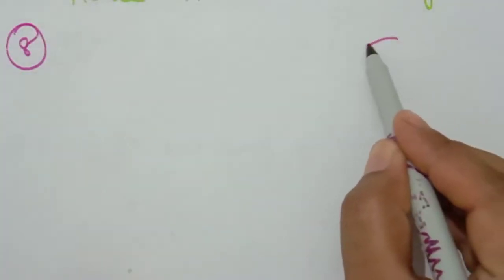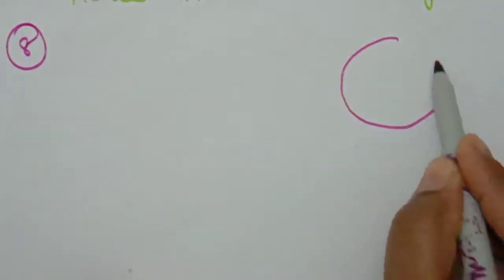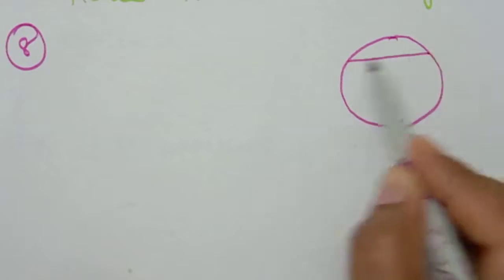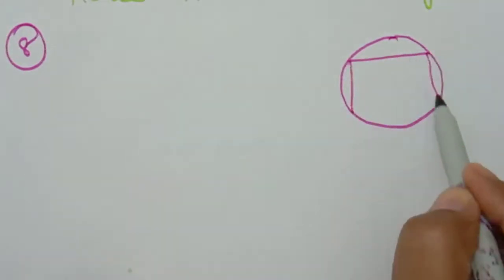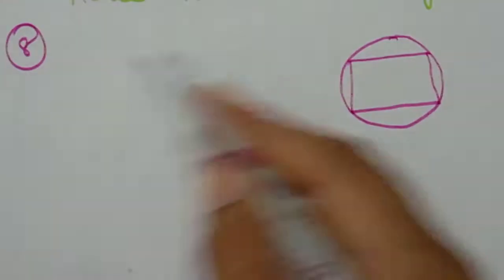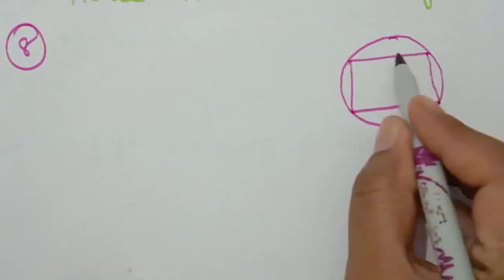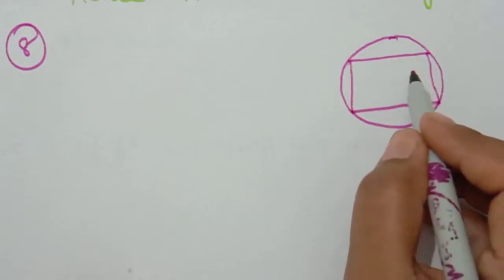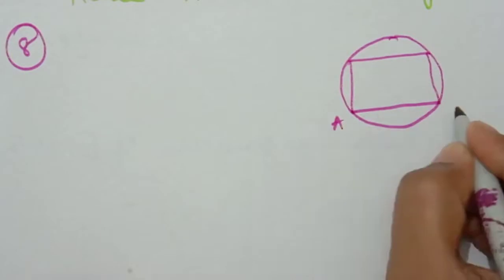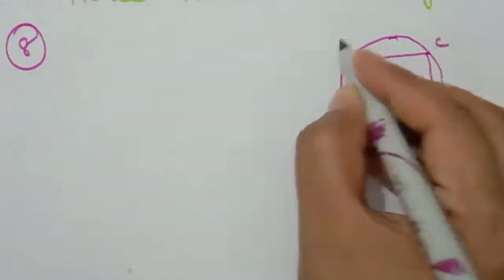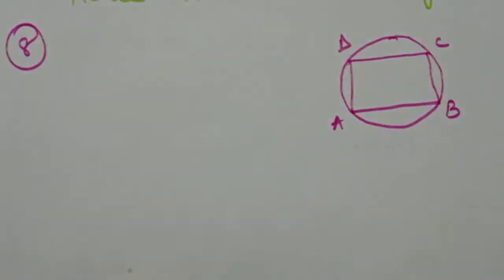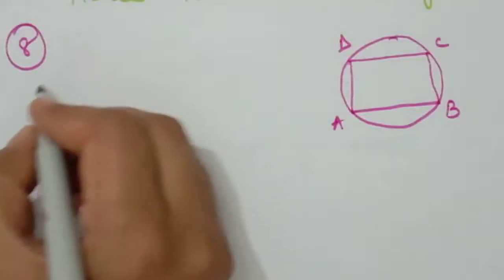Question number 8, the statement is: if the non-parallel sides of a trapezium are equal, then prove that it is cyclic. If we are going to prove that anything is cyclic, first of all we have to draw a diagram. This is a trapezium. If we are going to prove that it is cyclic, then we have to prove that the sum of opposite angles is 180 degrees.